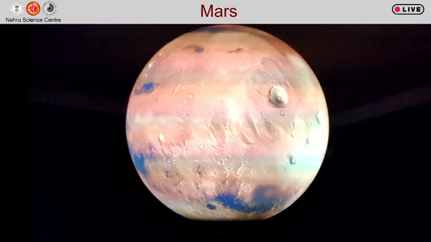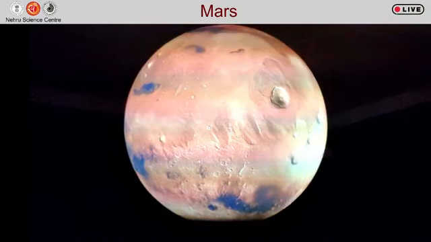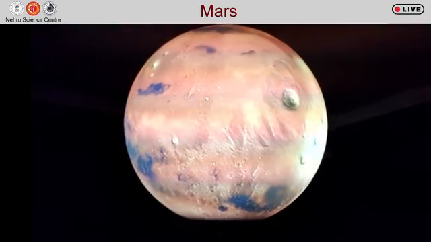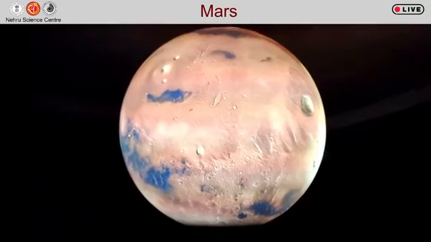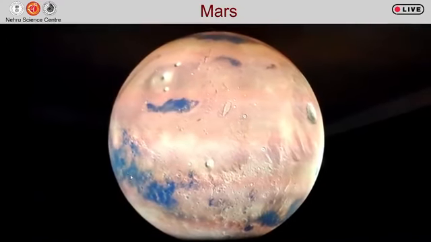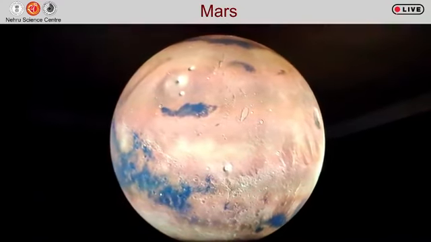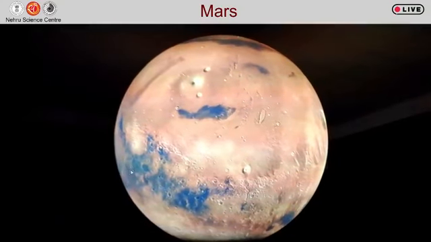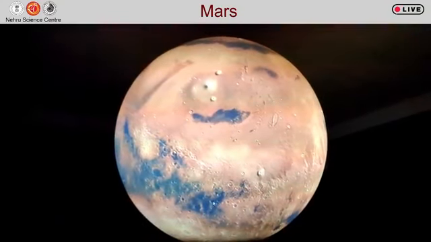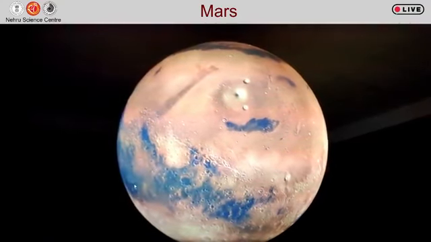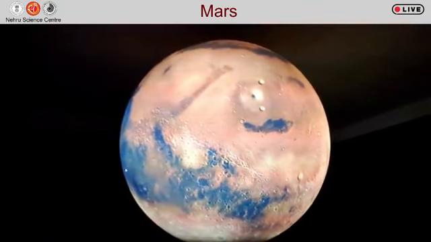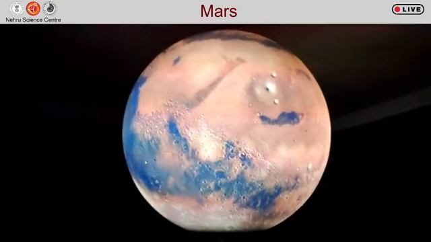Apart from that, you can see that this planet is called the red planet, and there are some very dark patches. A very high percentage of iron oxide is present in Martian soil, and because of that you can see this surface as a rusty surface, and in those dark patches the iron oxide percentage is much more.